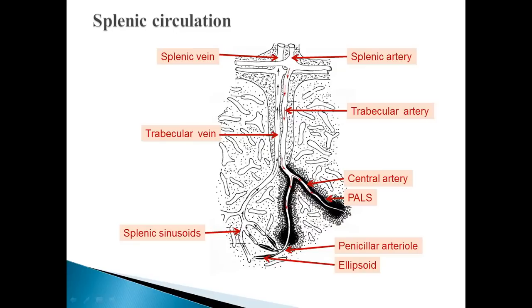Now due to this formation, for the blood circulation, two theories are proposed. One is the open circulation theory and another is the closed circulation theory. In the closed circulation theory, what happens? These capillaries will end up in sinuses. The sinuses will take the blood and carry it through the veins, trabecular veins, to the splenic vein.